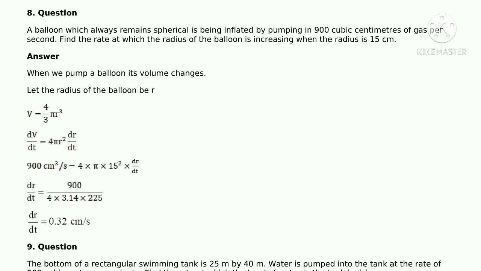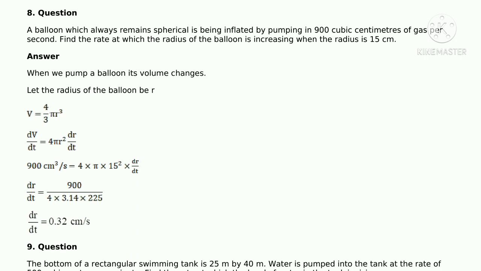It is the same type of question. So for a sphere, if we consider radius r, volume v, then v equals 4 by 3 pi r cube, and if we differentiate, dv/dt equals 4 pi r square dr/dt. Now the rate of the volume is given, dv/dt equals 900. So if we put 900 and calculate, then we get dr/dt equal to 0.32 centimeters per second.